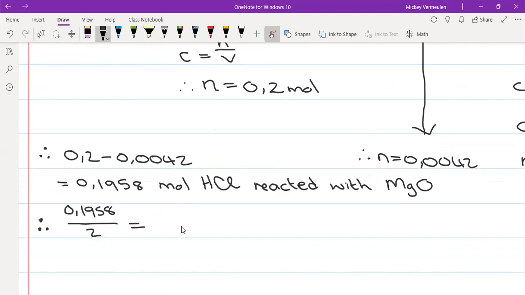And if memory serves, I think we got, okay? Right. So now we know how many moles of magnesium oxide we started with.